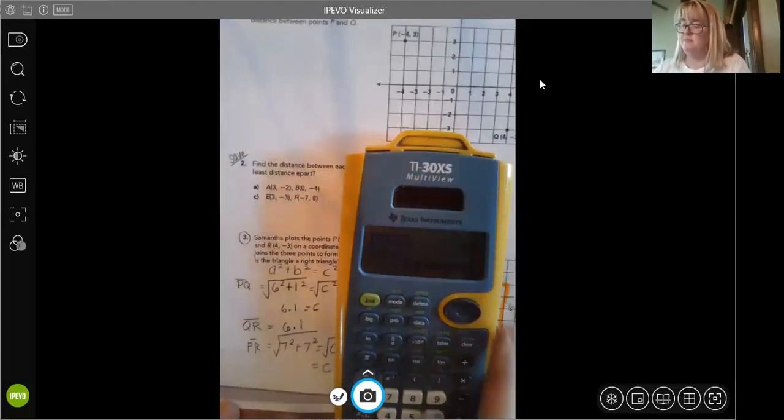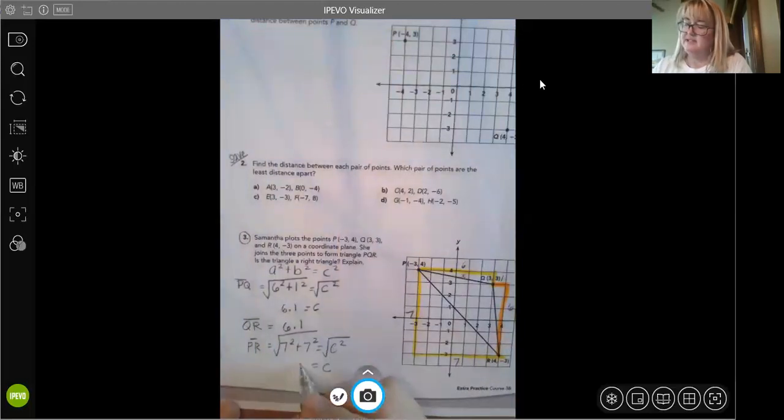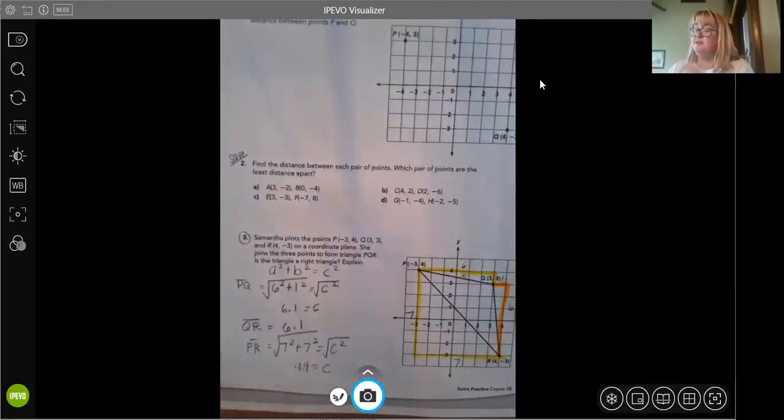We're going to round that up to 9.9. C is 9.9. Now I know the length of this is 6.1, the length of this is 6.1, and the length of this is 9.9. We can put these in the Pythagorean theorem to prove whether or not this is a right triangle.